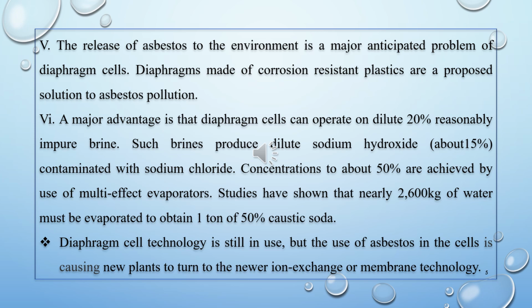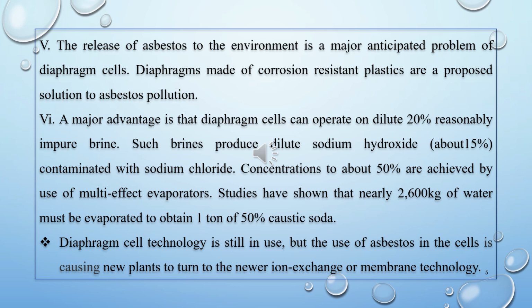He said that in this point, as you use diaphragm cell in which diaphragm is made of asbestos, it will release asbestos as you use it, and that will produce asbestos pollution. You can get rid of that asbestos pollution by using corrosion resistant plastics, electrodes or diaphragms to overcome that asbestos pollution.